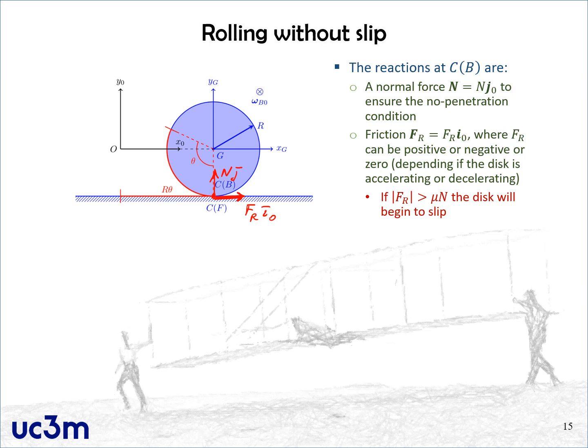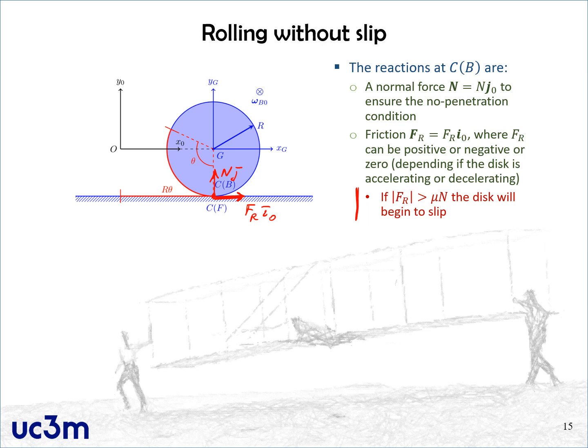Now, as in any other case where we have friction, it is important to monitor the condition for having the friction as a reaction force. If the disk does something unusual, for example, it tries to accelerate very quickly, the friction force necessary to keep the rolling without a slip condition may become too high and the disk may begin slipping.